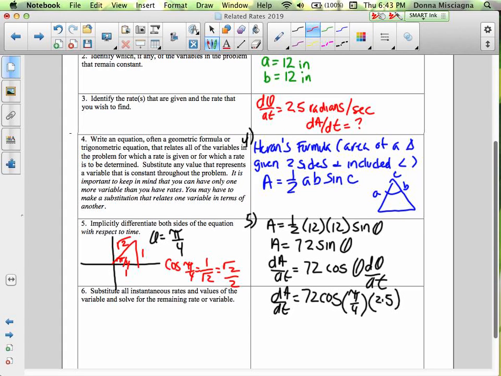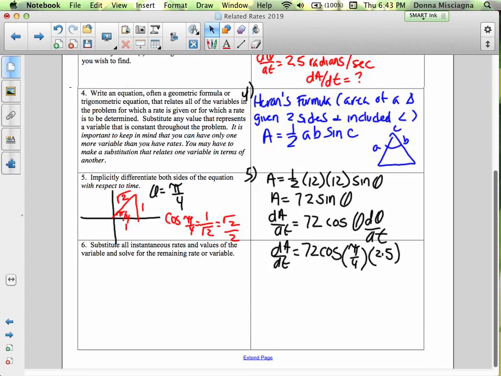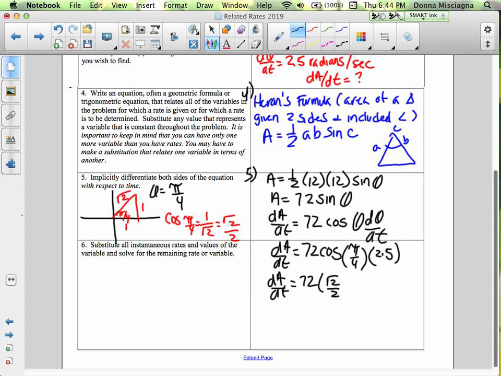So now we'll replace cosine pi over 4 with square root of 2 over 2. So dA dt equals 72 times the square root of 2 over 2 times, and I'm going to change that 2.5 to 5 halves, because that'll be easier to simplify.